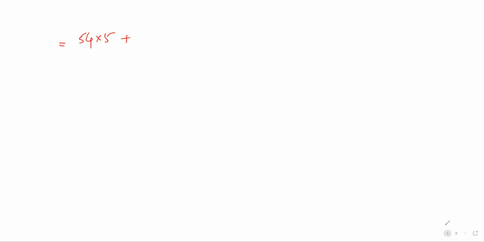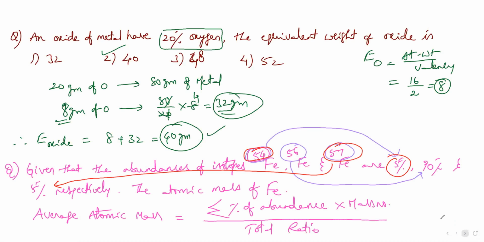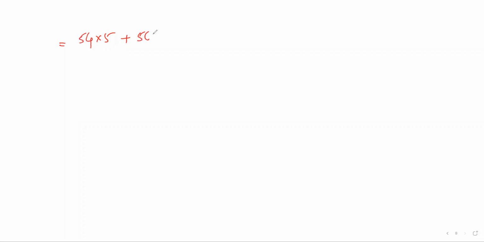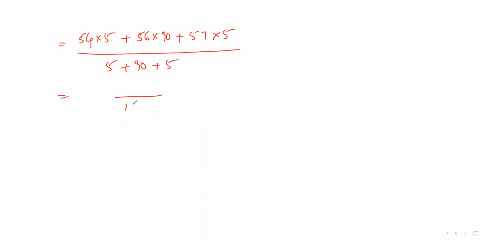Next, 57 into 5. Total ratio 5%, 90%, 5%. Can you multiply, add and divide? This is divided by 100: 54 into 5 plus 56 into 90 plus 57 into 5. Just tell me what average you are getting. That will be the average atomic mass of iron.